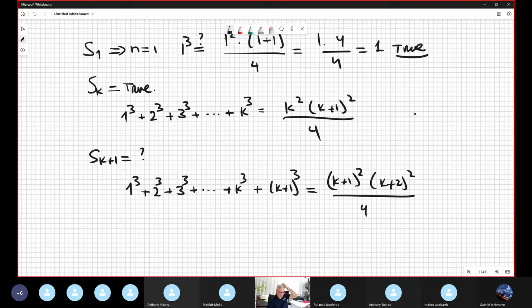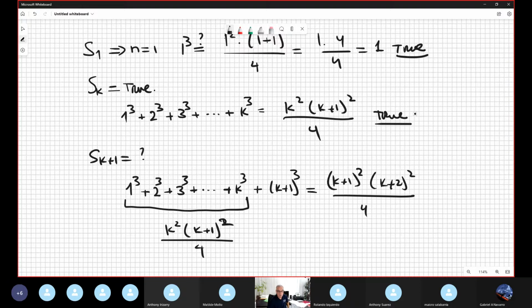This is the idea. And you suppose that is true. Therefore, you replace this part by k squared, k plus 1 squared over 4 plus k plus 1 cubed equal something that I don't want to copy again.